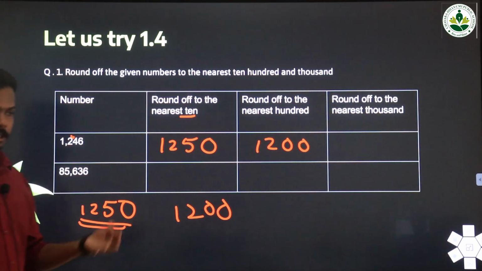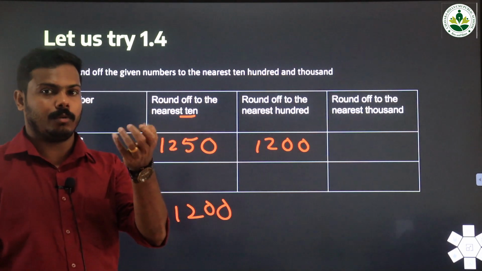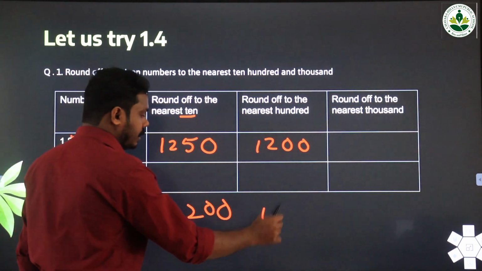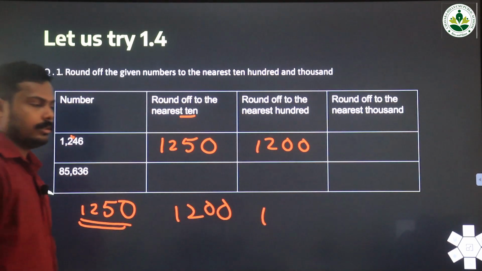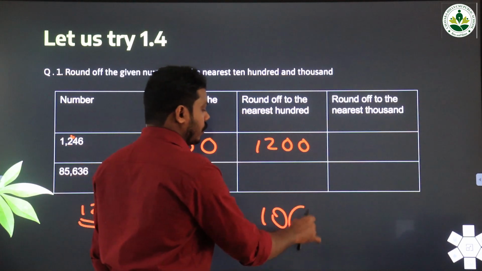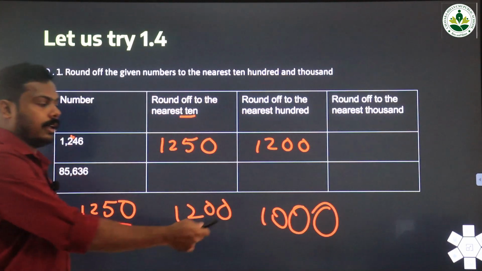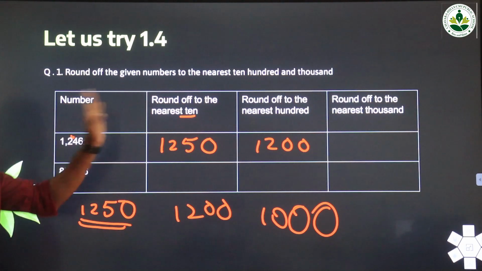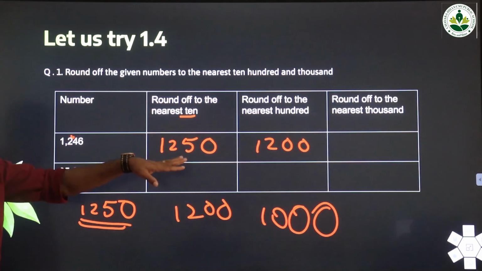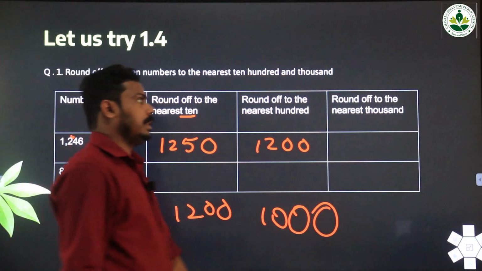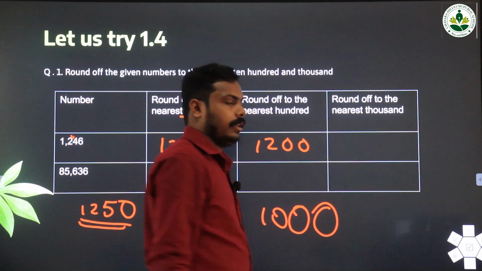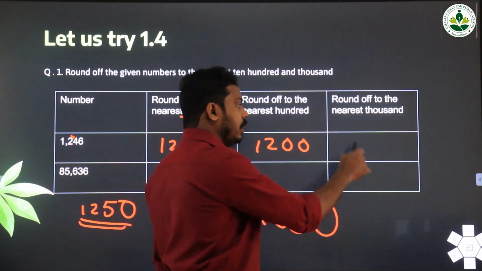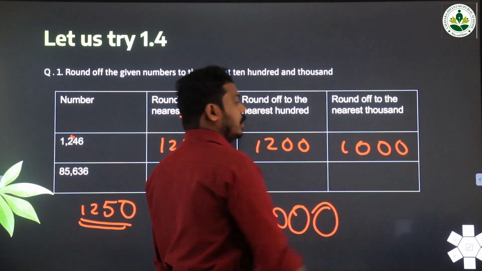If the digit in the hundred place is 0, 1, 2, 3 or 4, do not change the digit in the thousands place, and place zeros instead of the other numbers in the right side digits, the smaller places. So the number 1246, if you round to the nearest thousand, we get 1000.